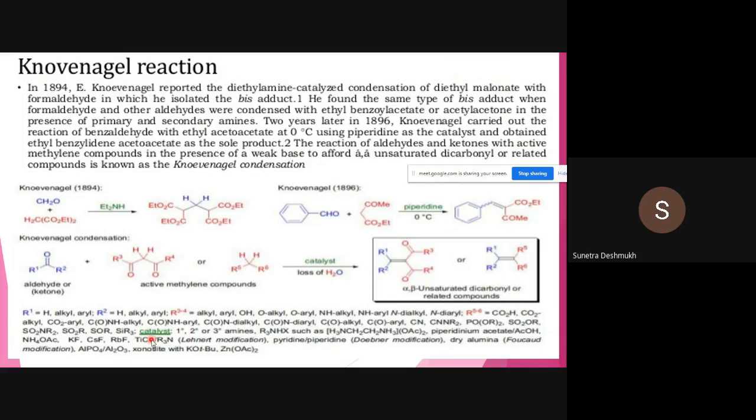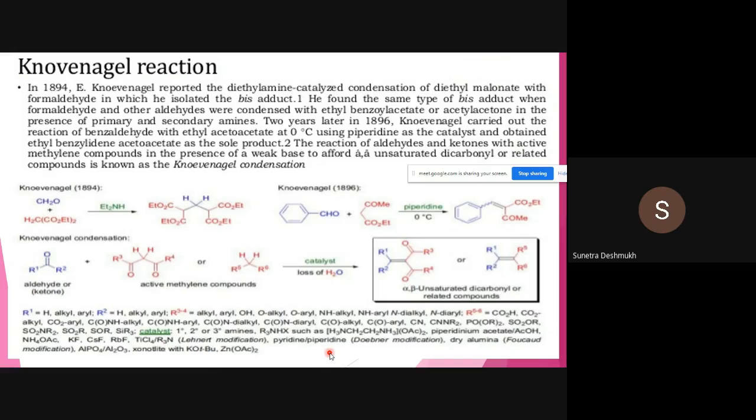Okay, then what types of basic catalysts can we use? Here is a plenty big list of versatile reagents we can use to conduct this Knoevenagel condensation. Secondary and tertiary amines we can use, piperidinium acetate, acetic acid, this type of solvent we can use. Potassium fluoride, cesium fluoride, rubidium fluoride, a TiCl4 trialkylamine combination we can use.